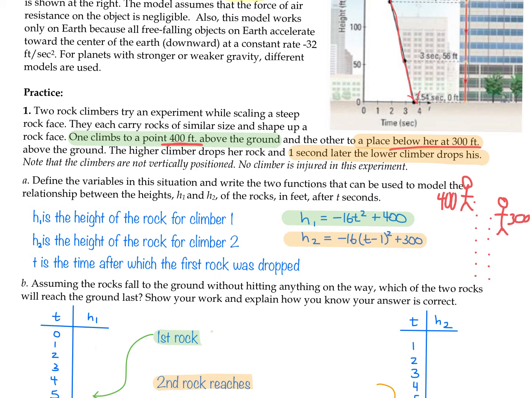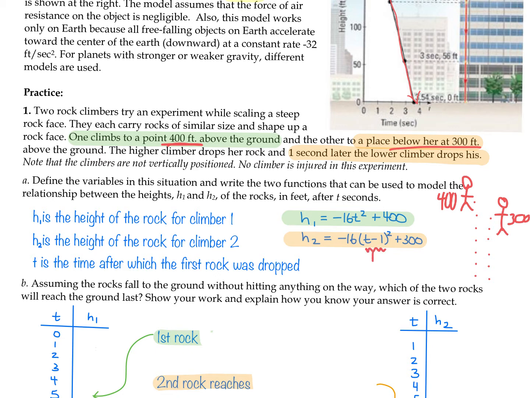The second climber dropped his rock 1 second later, so he waited 1 second. So for example, if the first climber's rock has been dropping for 2 seconds, the other climber's rock has only been dropping for 1 second. Or if the first climber dropped his 5 seconds ago, the second climber dropped his 4 seconds ago because he waited 1 second. That's what this t minus 1 represents.